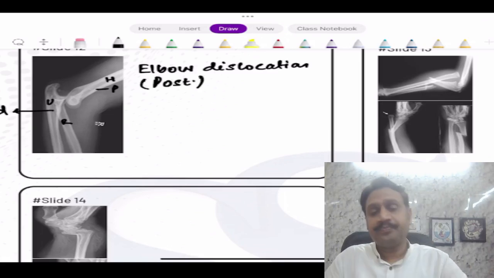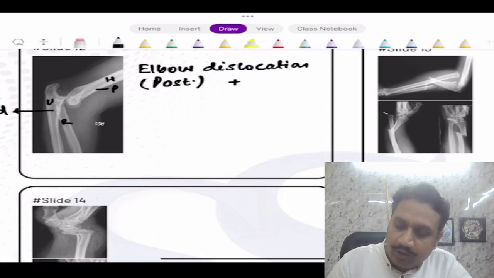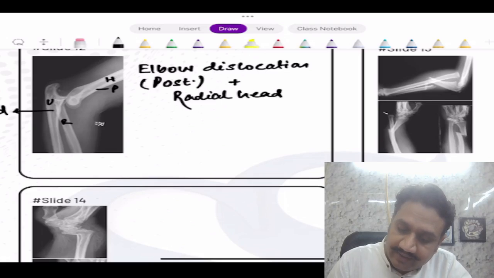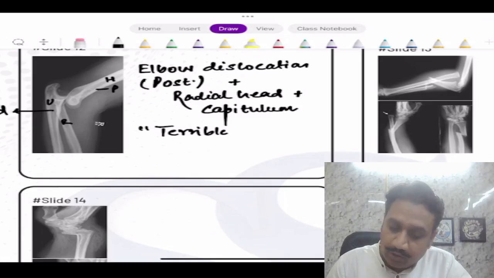And please remember, whenever any patient has a posterior dislocation of the elbow, along with an injury to the radial head, plus injury to the capitulum, then what do we call it? This is called the terrible triad of the elbow.